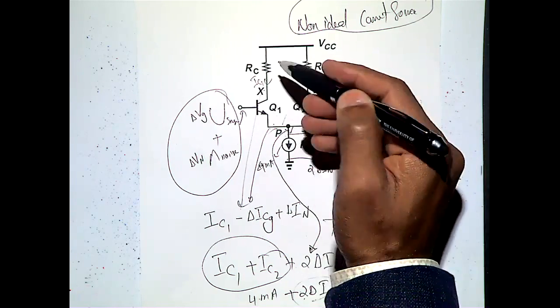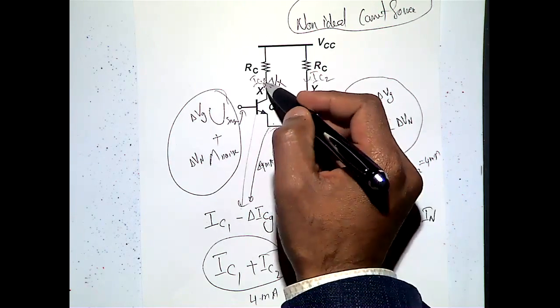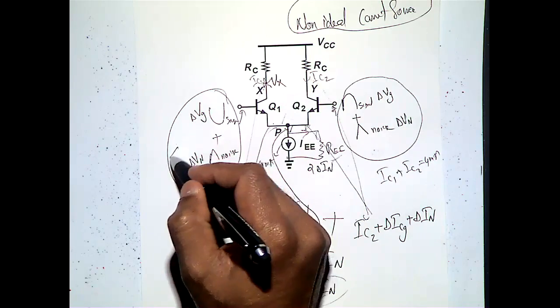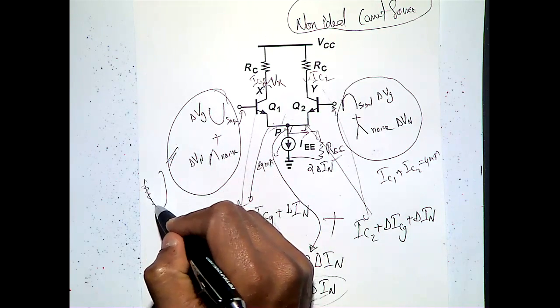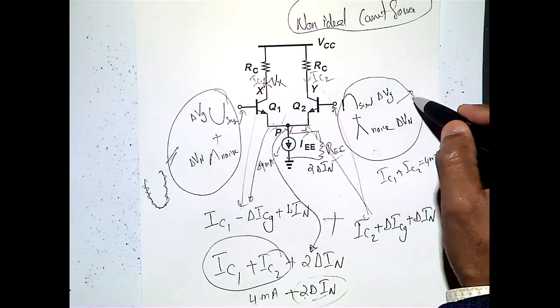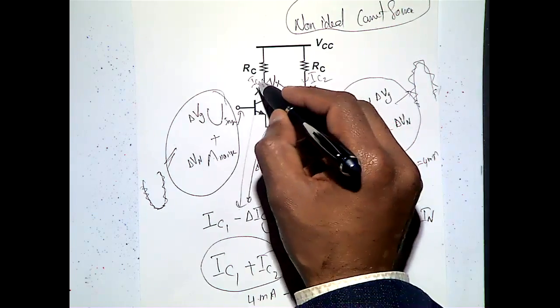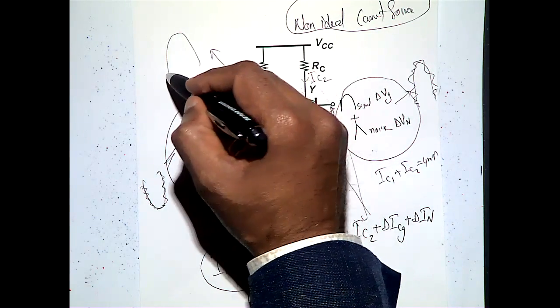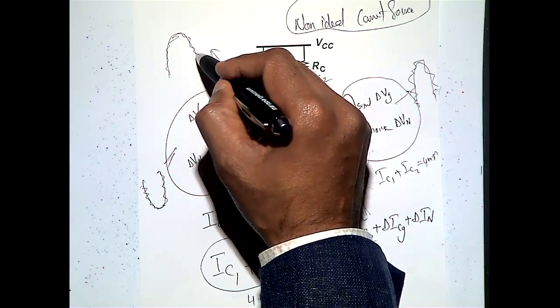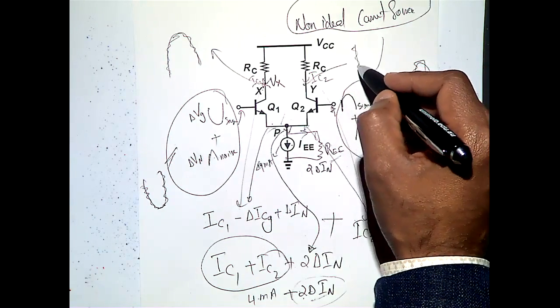So then you measure Vx. When you measure Vx with respect to ground, this signal is equivalent of maybe like this. A little bit of noise, because this is only one noise I have shown, and here this is equivalent of something like this. When you measure Vx with respect to ground, you get some noise here in your amplified signal. Again, Vy with respect to ground, you will see some noise.